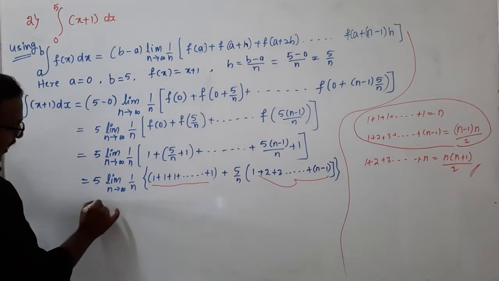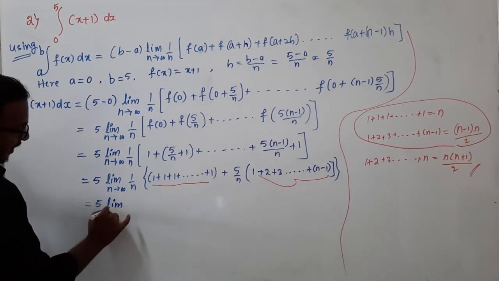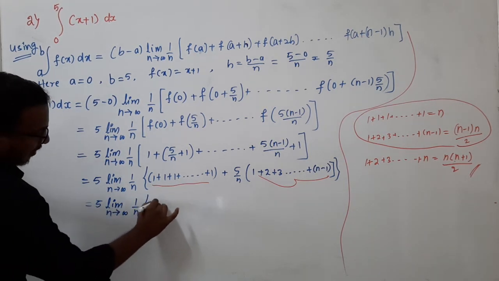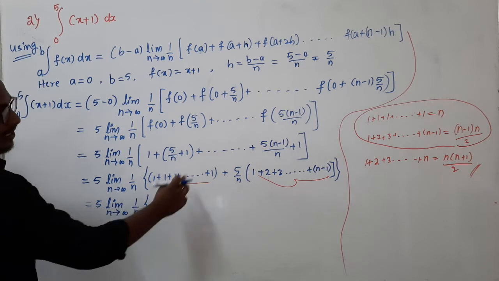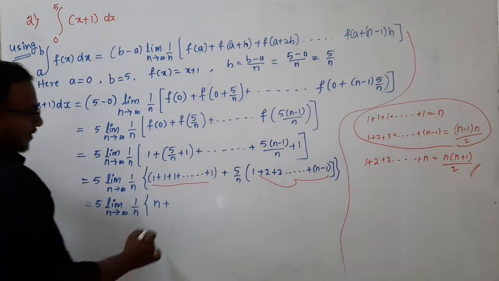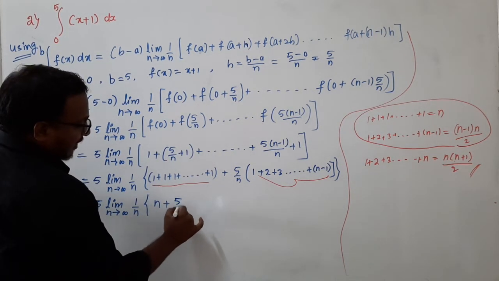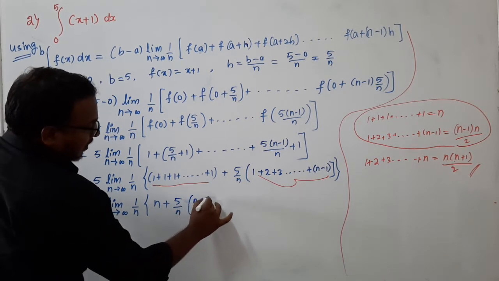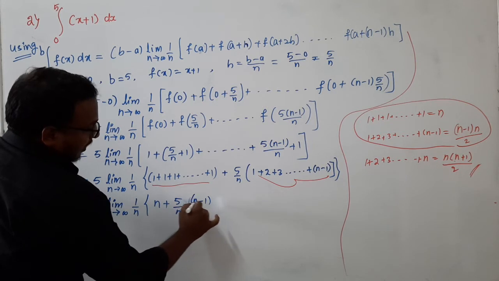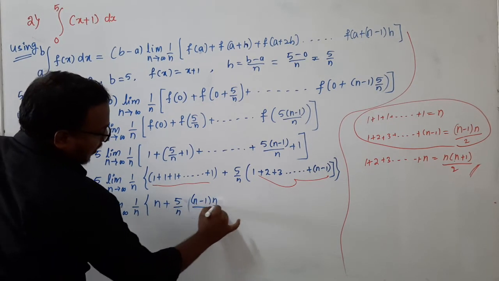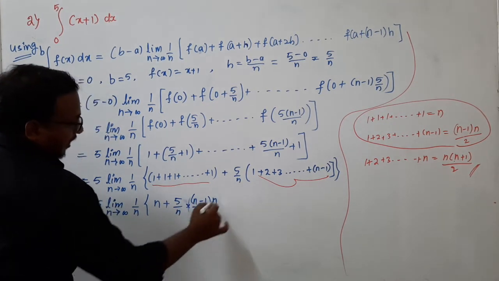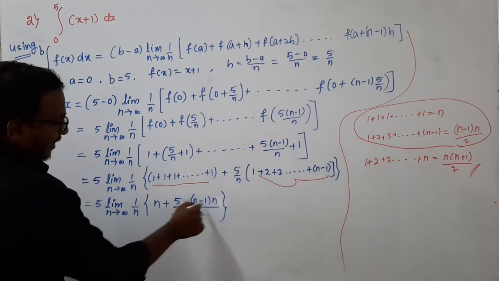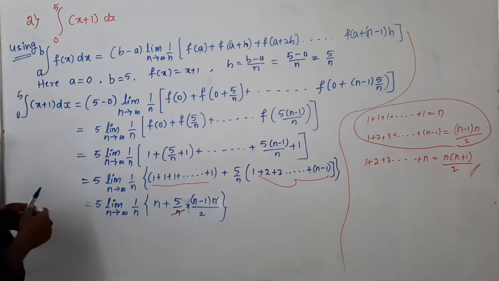That is 5 into limit n tends to infinity 1 by n into (n plus 5 by n into n minus 1 into n by 2). Now here the n and n get cancelled.